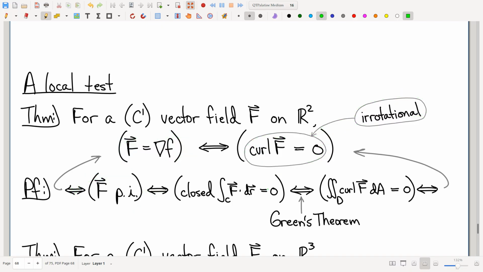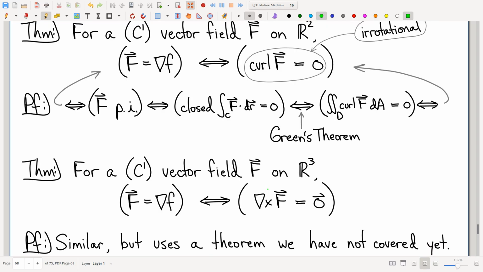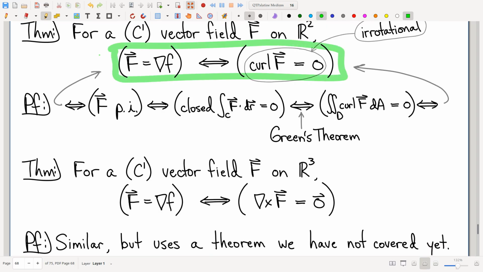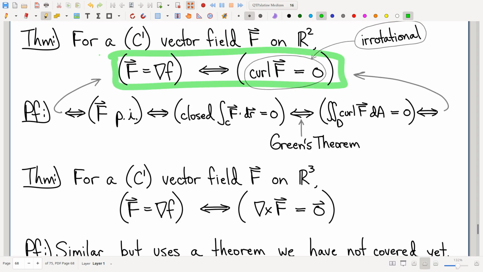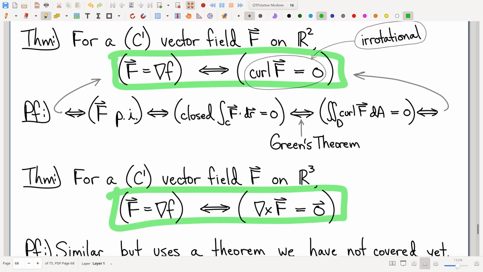So, anyway. All right. Side note, this local test for vector fields in R2, there is an analogous local test for vector fields in R3. So again, 2-dimensional there, three-dimensional here. No surprise, it is, again, curl. That is the test. You need curl to equal 0.